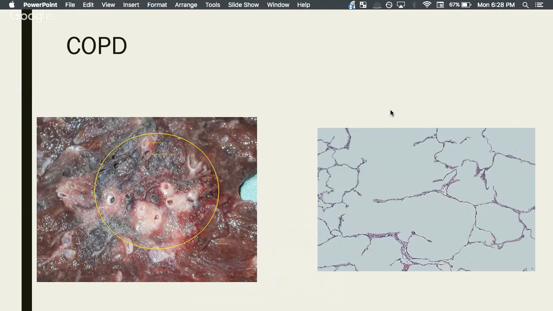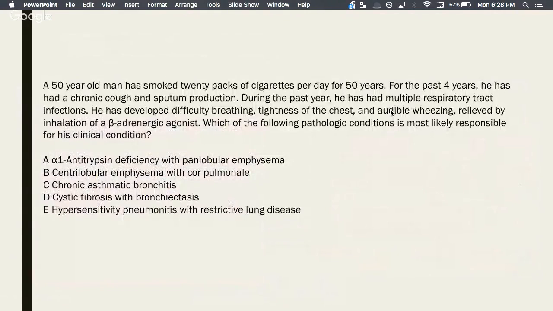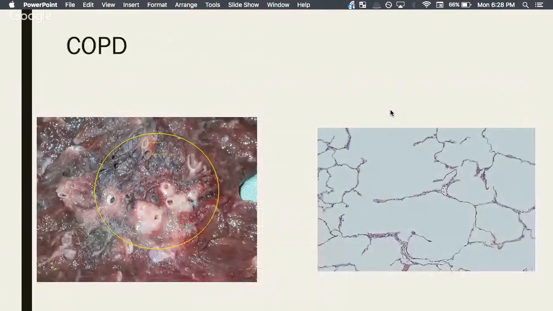Okay, so the answer to that was COPD. So basically emphysema, and it's a matter of determining whether it's centrilobular or panlobular. COPD is a disease of your alveoli themselves. So in terms of emphysema, that's a disease of your alveoli.